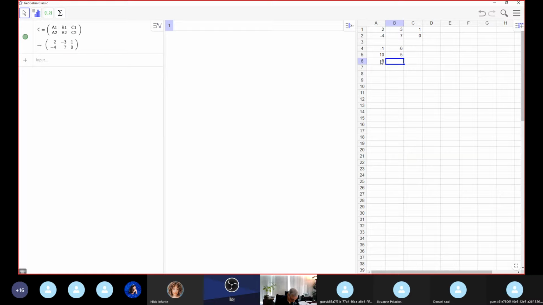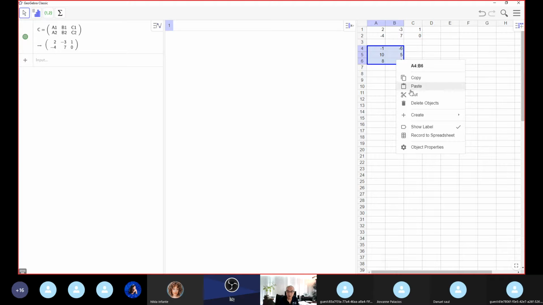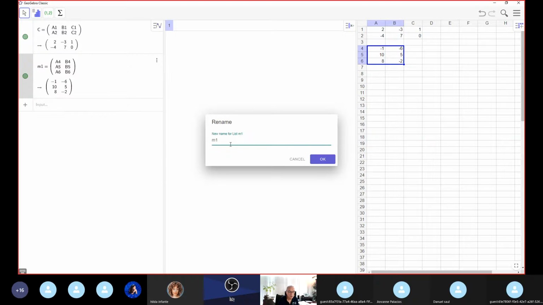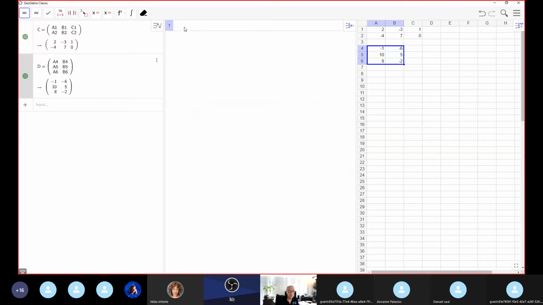Okay, now I finish. Select the numbers, declare a new matrix object, and rename it D, the name we used on the paper and the whiteboard. Rename. Copy D. And ready to apply multiplication.